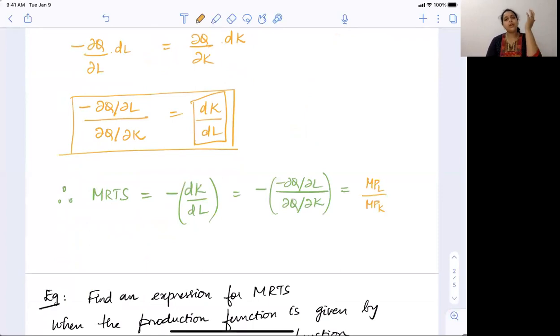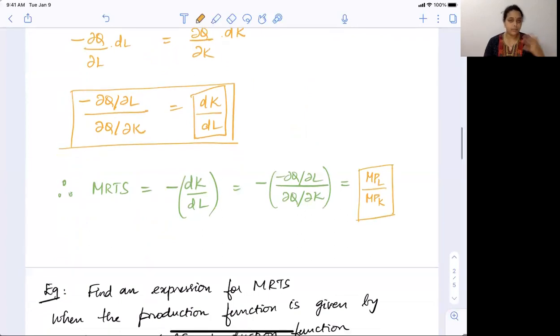This is very similar to how you get MRS to be the ratio of marginal utilities. Something like this will be visible once you do constrained optimization, which is one of the topics we are studying in this course. So this result will be very useful there.